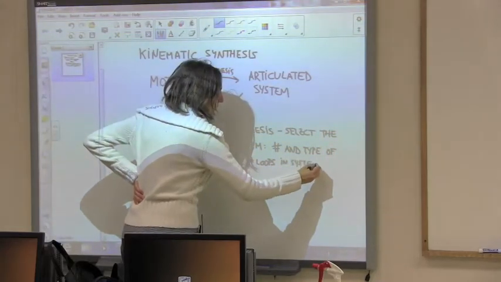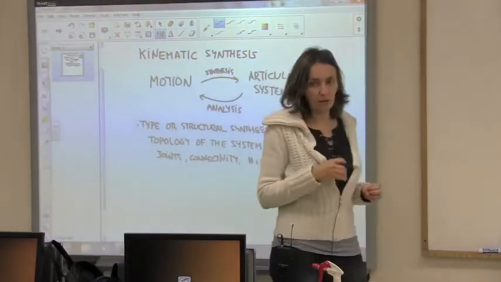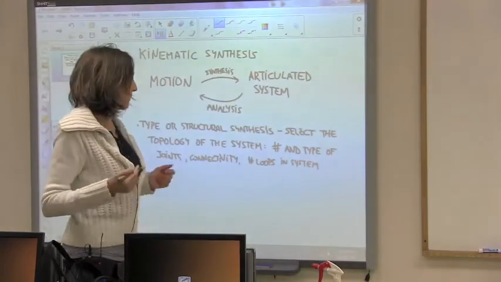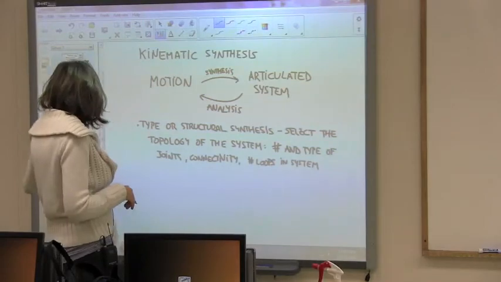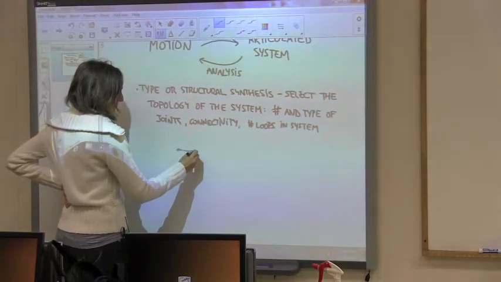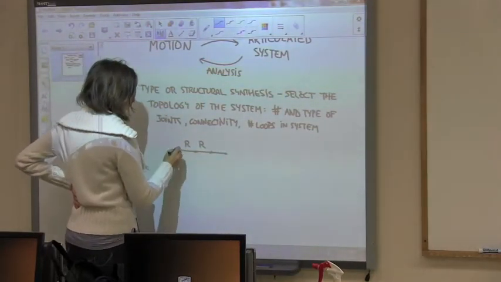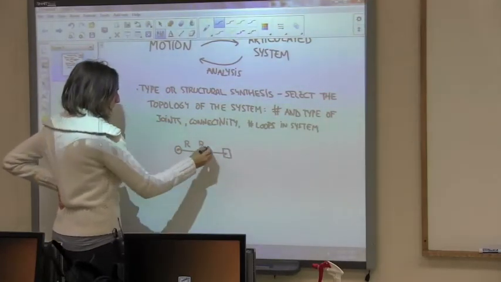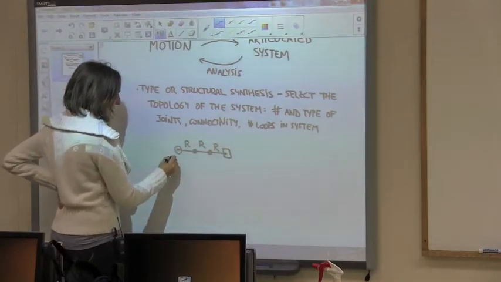I want to create this motion with a serial manipulator with 3 revolute joints. That will be one. Remember, we did that seminar on graphs, so we are not going to cover it here, but it's a useful tool. So you could think of R, ground link, and effector. Sorry, one more R. And this should be the links.